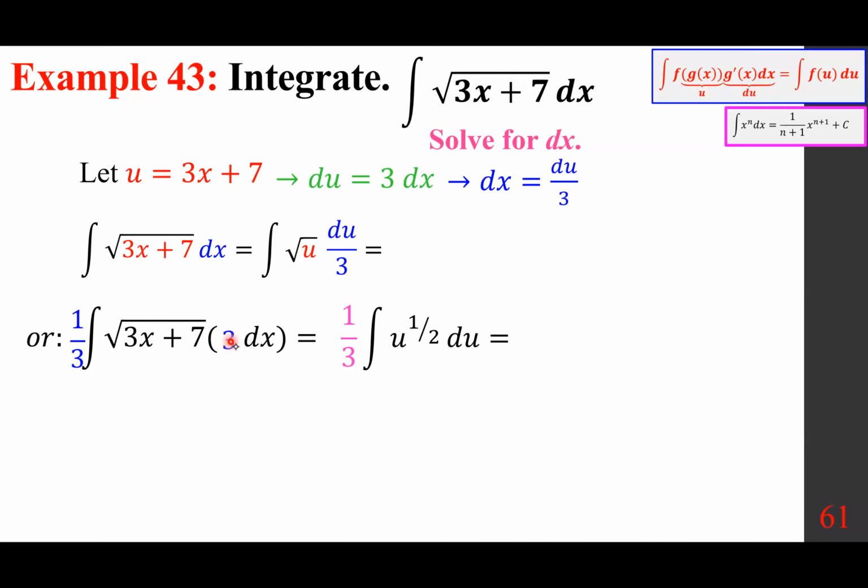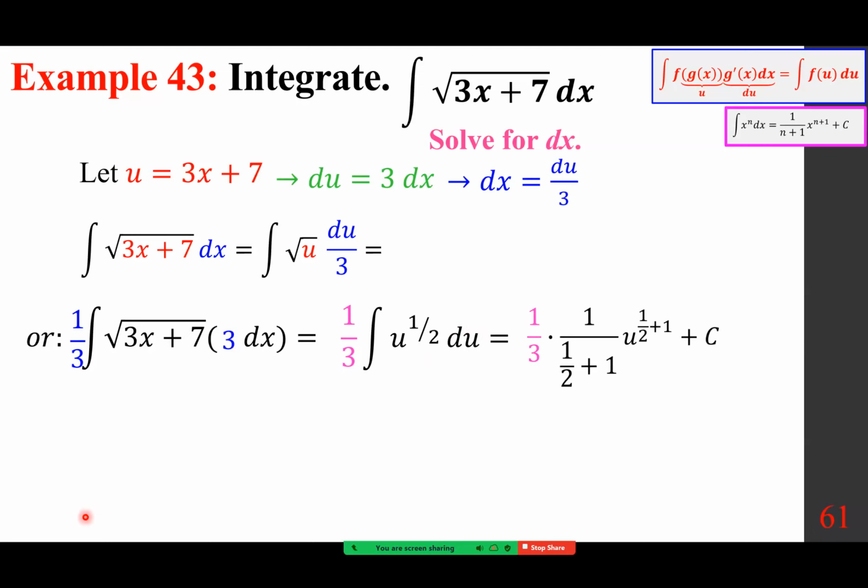So I think it's pretty straightforward, right? And that's the same methodology. In this case, it didn't make much of a difference because that's a very simple case. So 1/3 remains. This one 1/2 plus 1, u to the power 1/2 plus 1 and a constant. All you have to do is simplify this, and let's do that.